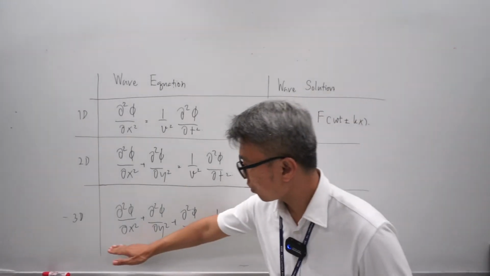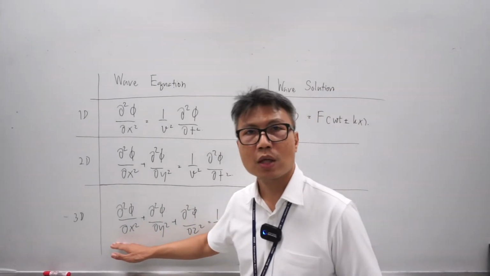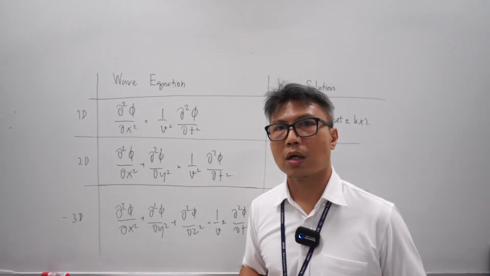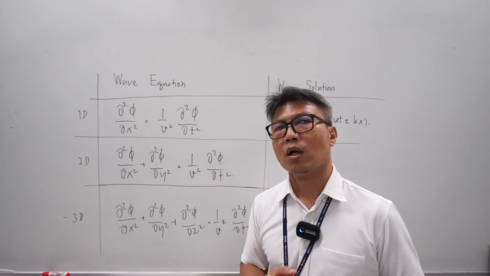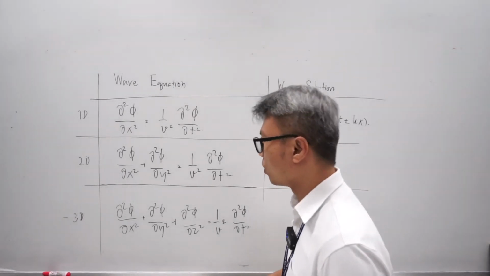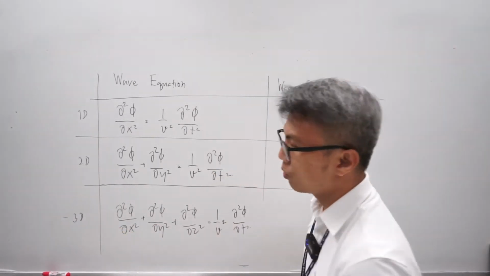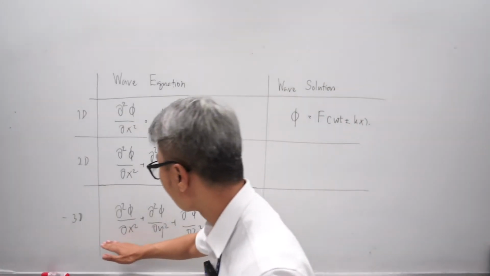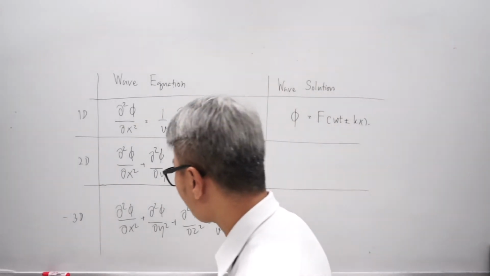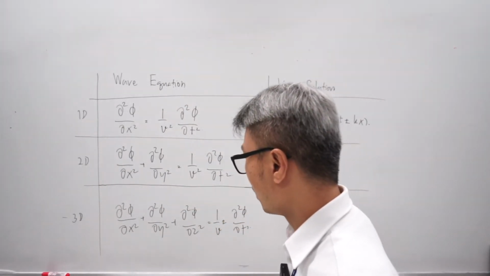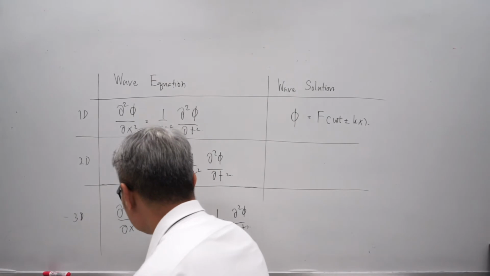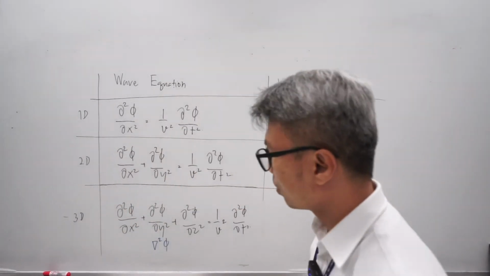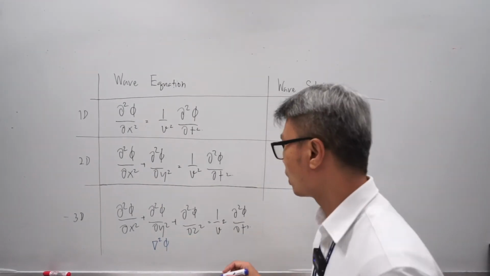However, when we consider this term and recall what you have learned in the introduction to vector calculus, you know that for the left hand side we can use the Laplace operator to simplify this form. I hope that you still remember this notation, which we call the Laplace operator.